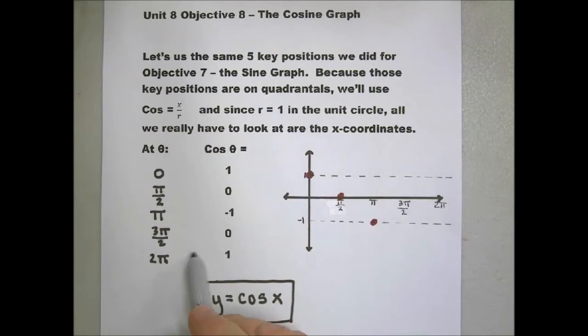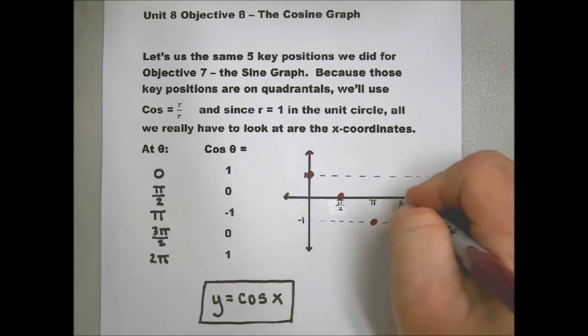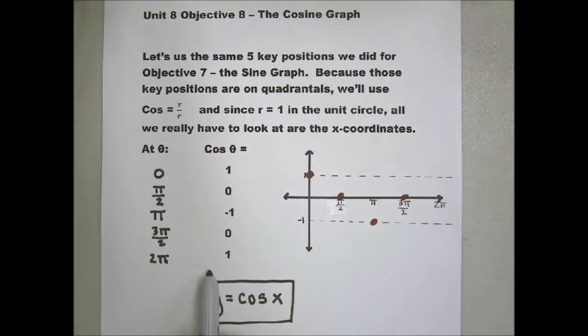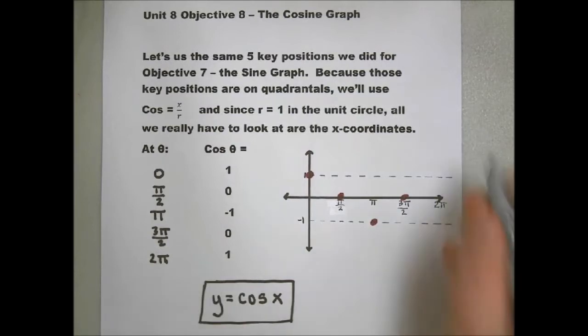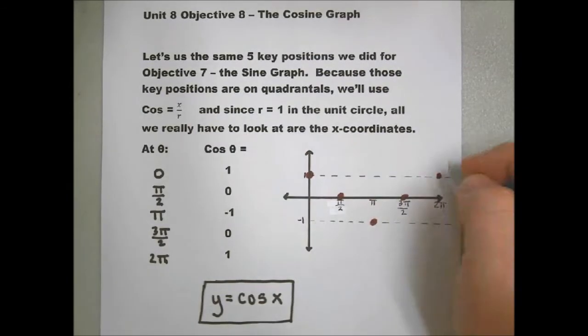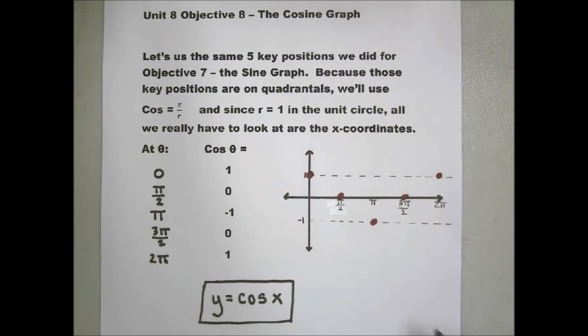At 3 pi over 2, we're back at 0 again. And then we're at 2 pi, so we've gone all the way around the circle, and the cosine of 360 degrees, or 2 pi, is back to 1 again. So those are my 5 key points in their key positions.